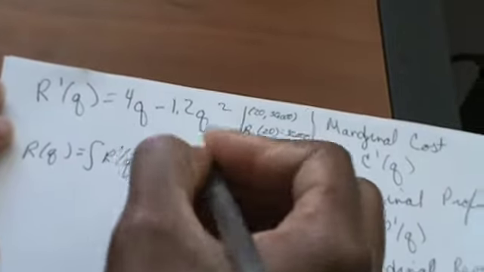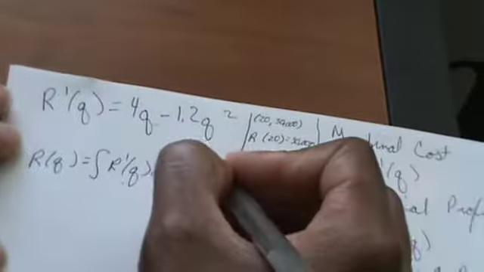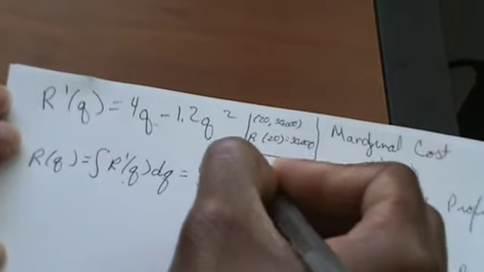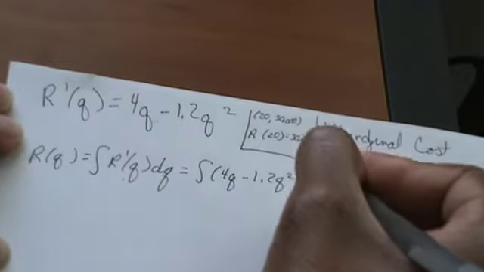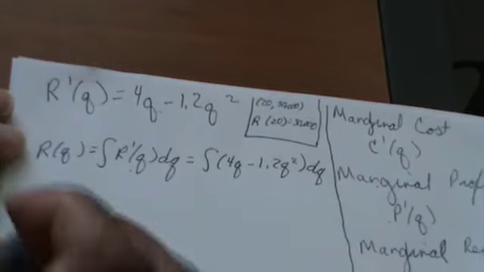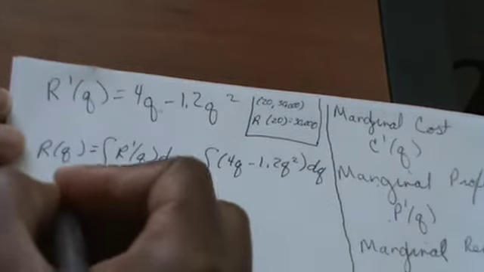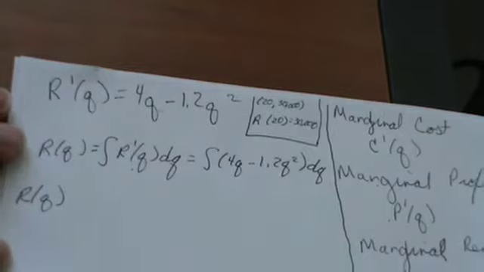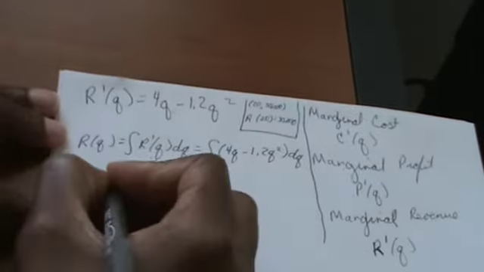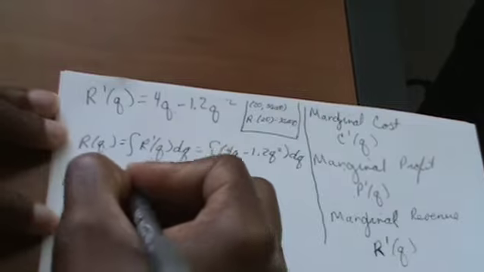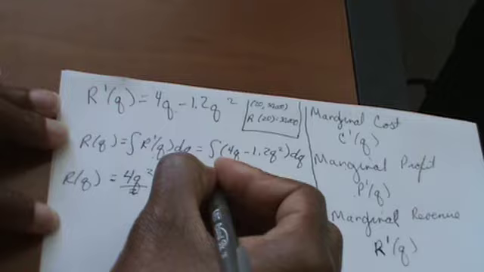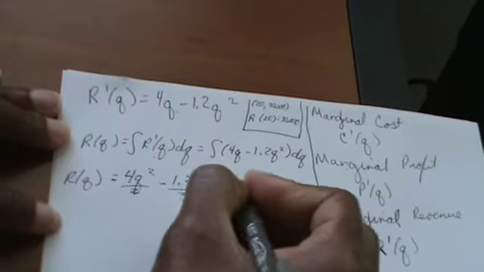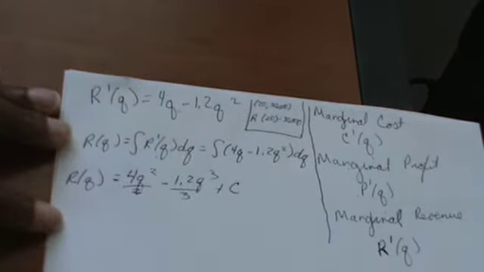So this equals the antiderivative. Well, here's R prime right here: 4Q minus 1.2Q squared dQ. So then R of Q equals, let's get to this antiderivative, 4Q squared over 2 minus 1.2Q cubed over 3 plus C. C could be absolutely anything.